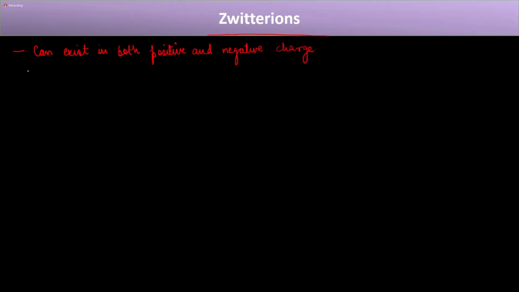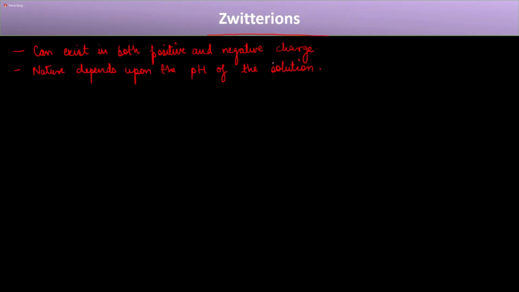Now, when a compound will exist in the positive form or in a negative form depends on the pH. So this nature, whether it is positively charged or negatively charged, depends upon the pH of the solution in which it is kept.